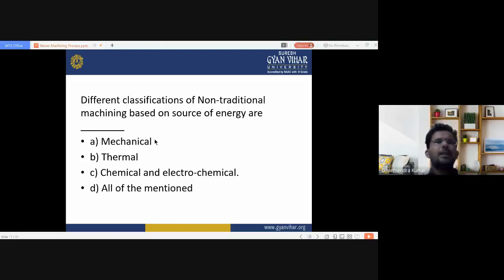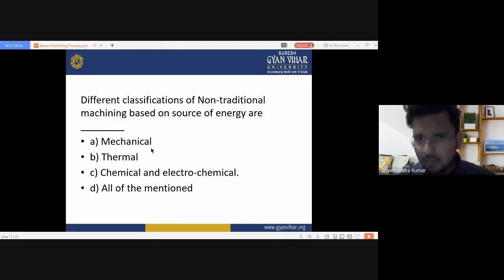We have seen that on the basis of various types of energy, we can divide non-traditional machining into various categories. On the basis of mechanical energy, it is further divided into four subgroups: conventional machining, abrasive jet machining, ultrasonic machining, and abrasive water machining. These are engaged with mechanical energy.